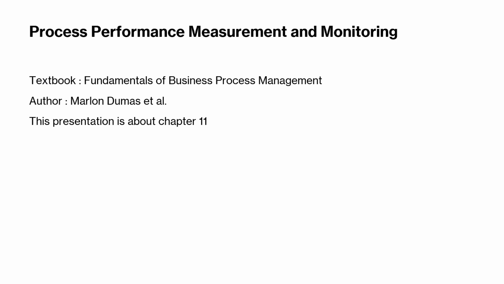I will explain how business performance measurement and monitoring work from Chapter 11 of Fundamentals of Business Process Management. We start by defining metrics like customer satisfaction and task completion. These metrics are displayed on dashboards for real-time tracking.